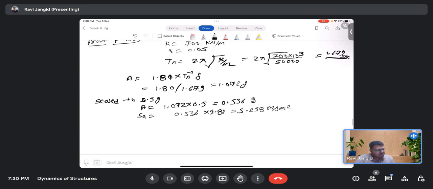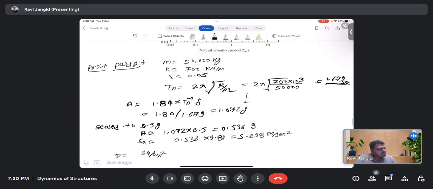So the maximum lateral deformation is given as d equals Sa by omega n square. Omega n can be calculated from here, 2 pi by Tn. So that will be 2 pi by 1.679, which is around 3.74.